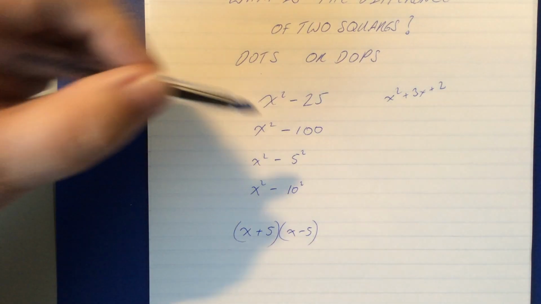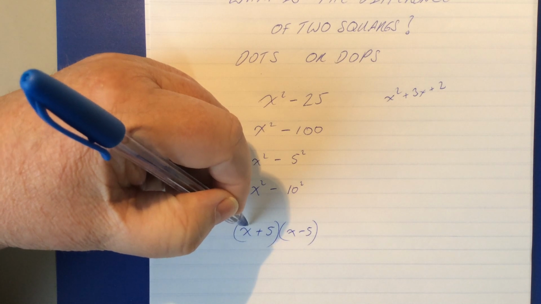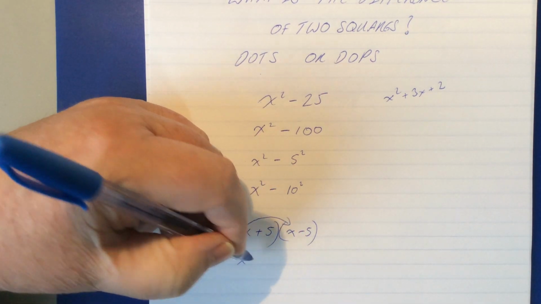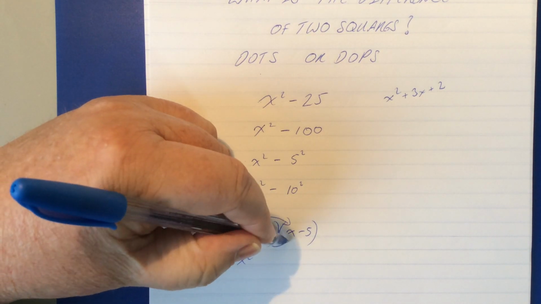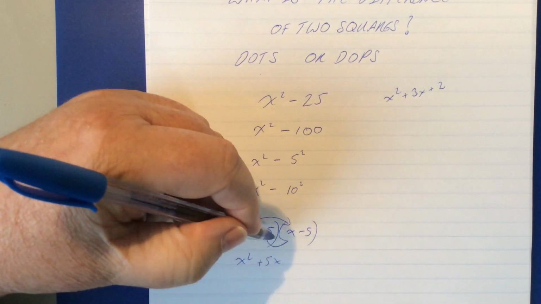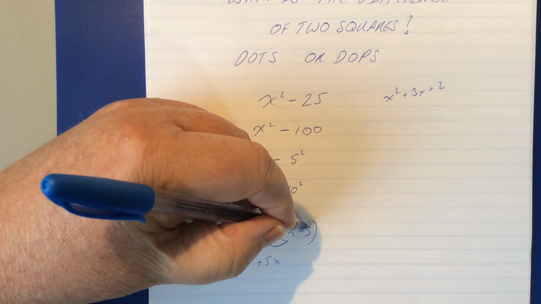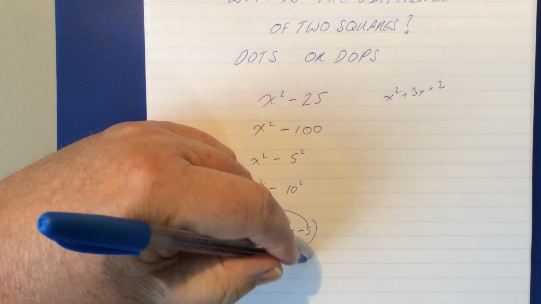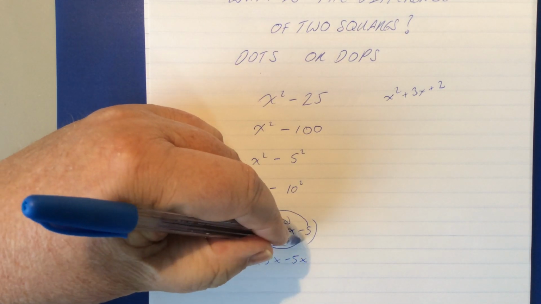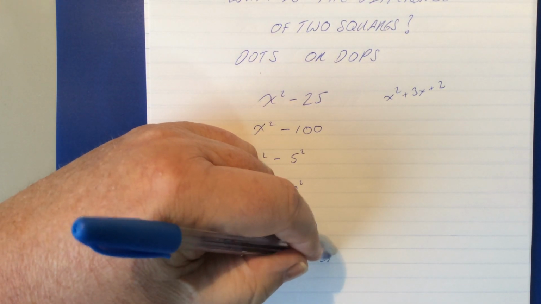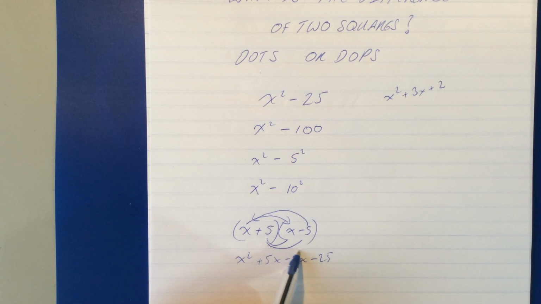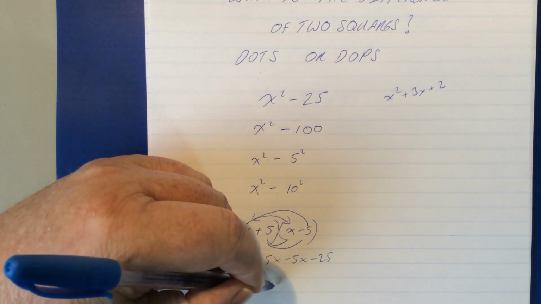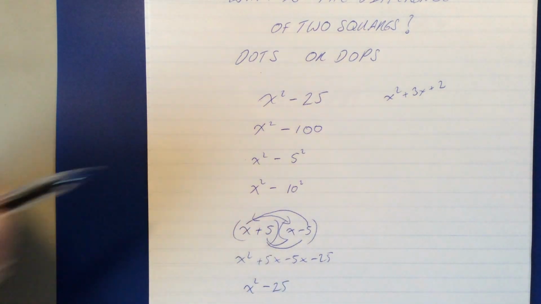Now, when we expand this, what we get is x squared plus 5x minus 5x minus 25. Now, these two expressions here cancel each other out, and so we wind up with x squared minus 25.